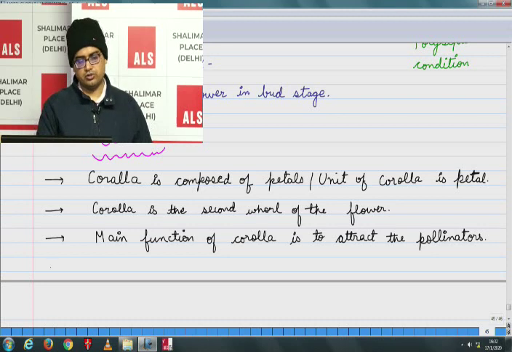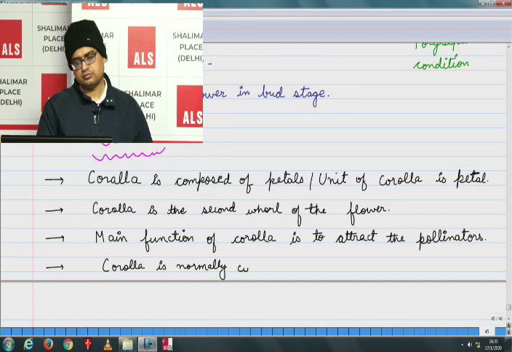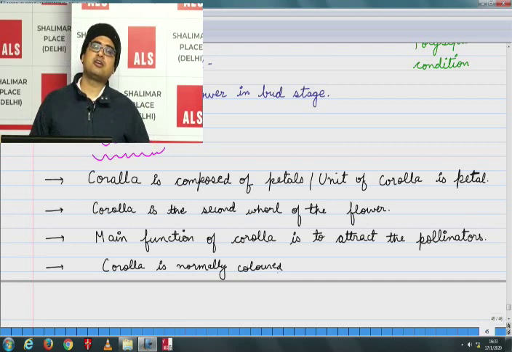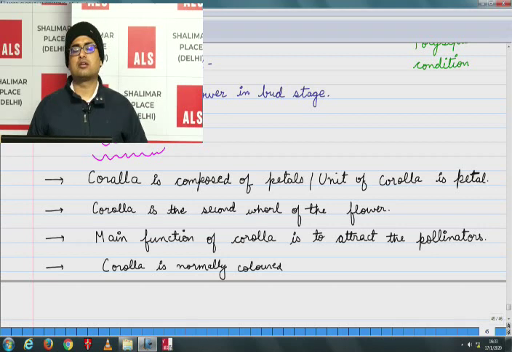Now you can write also here. Corolla is normally colored. So if it is white in color, then it will be pollinated in the night. If it is pollinated in the day, then it will be colored in any color other than white.